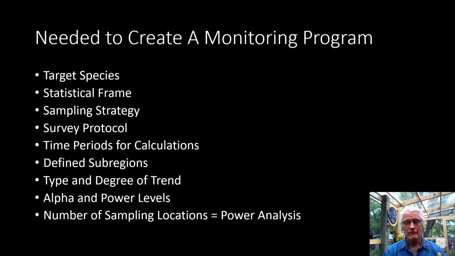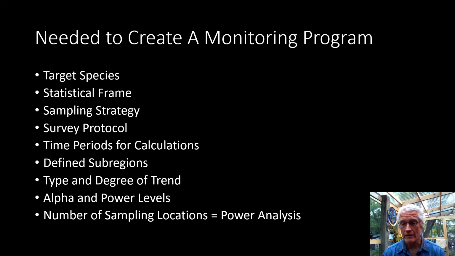So these are a set of factors. We're not going to cover them all, but these need to be addressed in any monitoring program. I'm just going to list them. Target species involved, statistical frame, the sampling strategies, the survey protocols, the time periods for calculations of trends, what are the subregions for which you want to talk about trend within the larger overall context, what trends over how many years you want to talk about, the degree and type of trend, alpha and power levels, and sampling locations, the numerics on that.